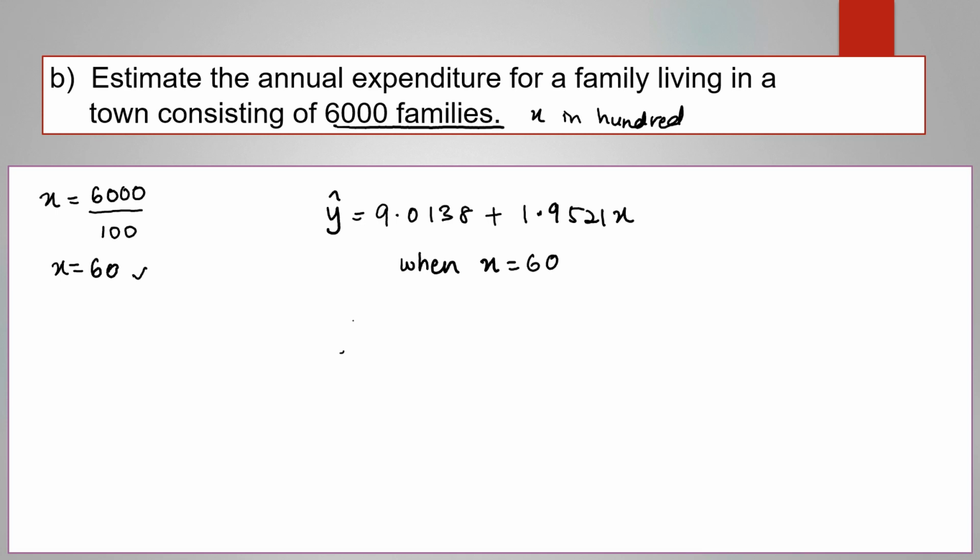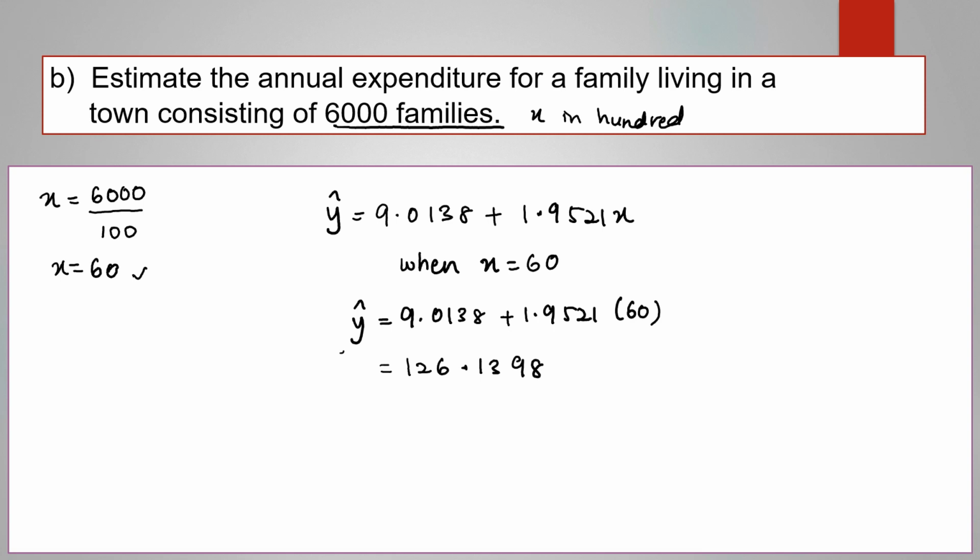So we would have Y hat is equals to 9.0138 plus 1.9521 times with 60. And you will get the answer is 126.1398. Please remember the unit for Y is in thousand.